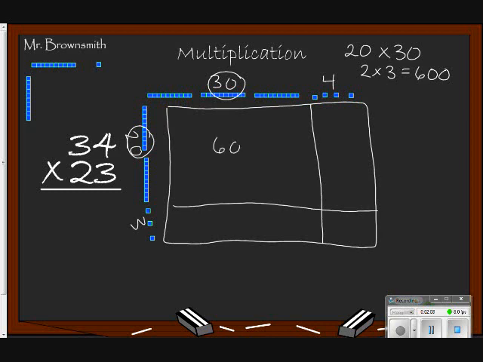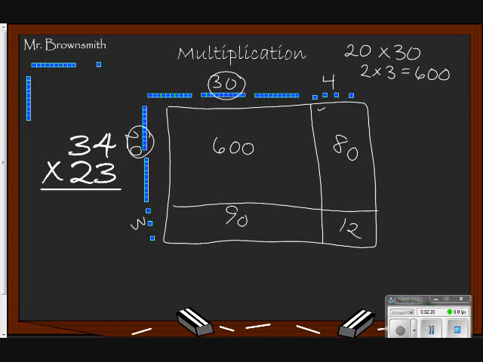So I'm going to put 600 right here to represent the 20 times 30, and then I'm going to go 20 times 4 for this box right here. I know 20 times 4 is 80. I'm going to move down here to 30 times 3, you know that's 90, and then I'm going to go 3 times 4 is 12.